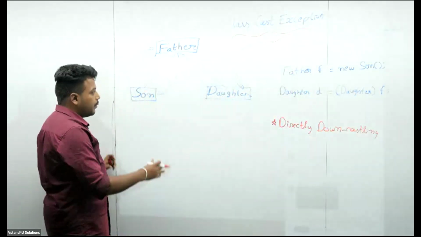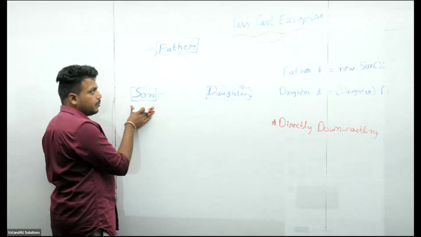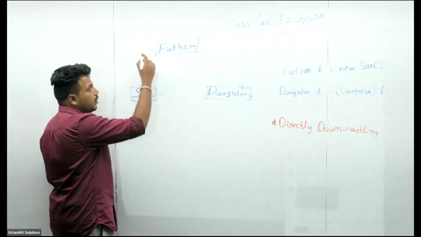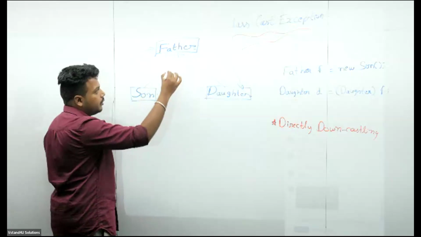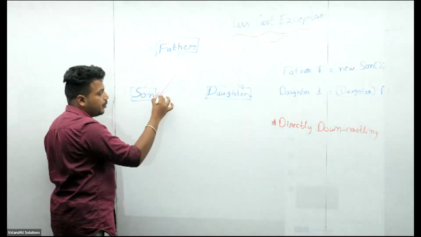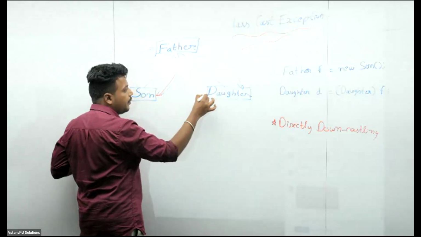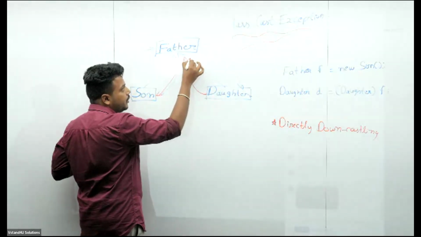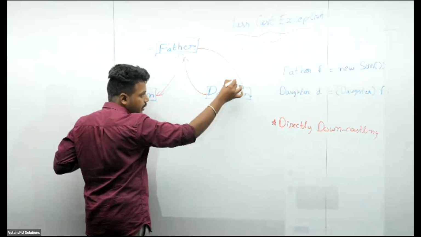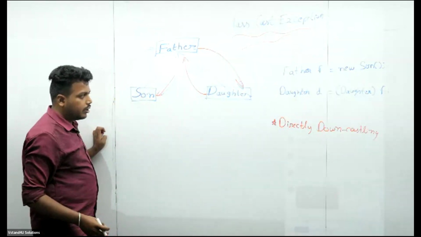Understood? Whenever son is upcasted to the father, it should be downcasted to the son only. The same scenario, whenever daughter is upcasted to the father, the father should be downcasted to the daughter only.